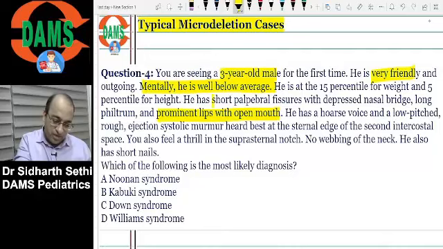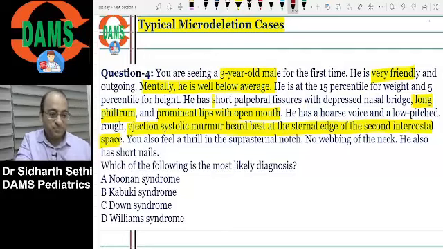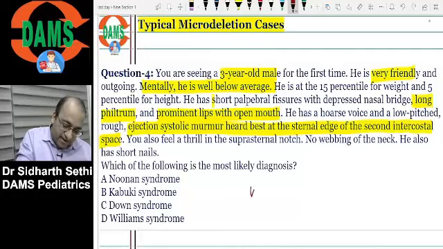Prominent lips, long philtrum, and there is also an ejection systolic murmur at the second intercostal space. Don't laugh, guys. This is a typical face of elves. This is Williams syndrome.